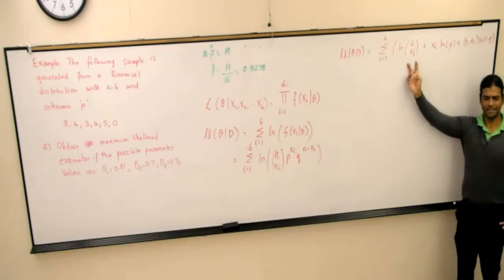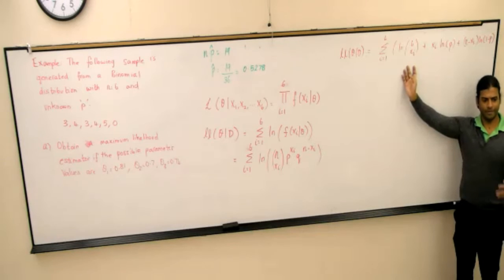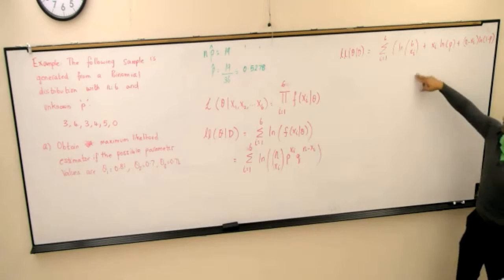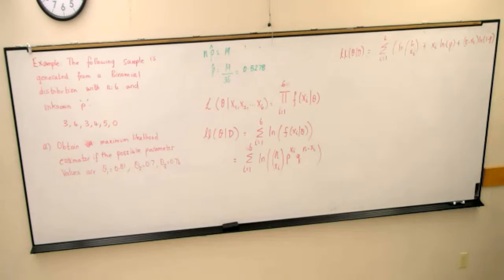So would ln of 6 choose xi matter for each value of xi and different values of theta?